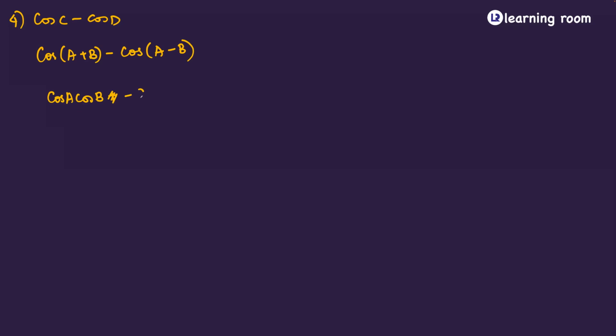So the next one is going to be cos C minus cos D, where C is still A plus B and D is still A minus B. So here what will happen is, it is cos of A plus B minus cos of A minus B. So this will be cos A cos B minus sin A sin B, minus cos A cos B plus sin A sin B. So cos A cos B and cos A cos B will get cancelled.